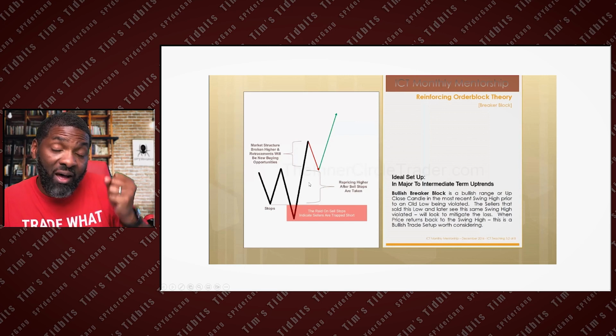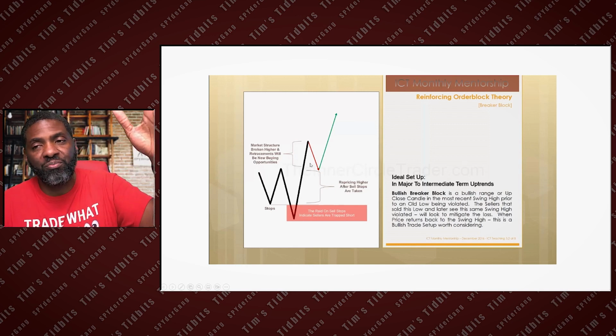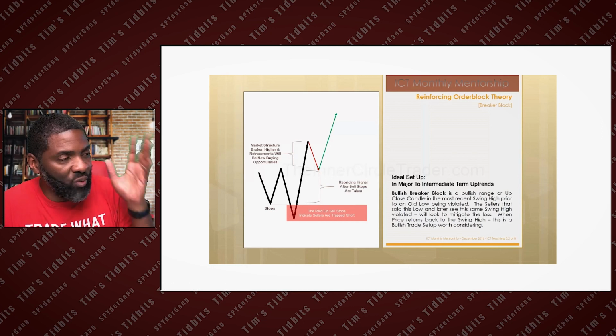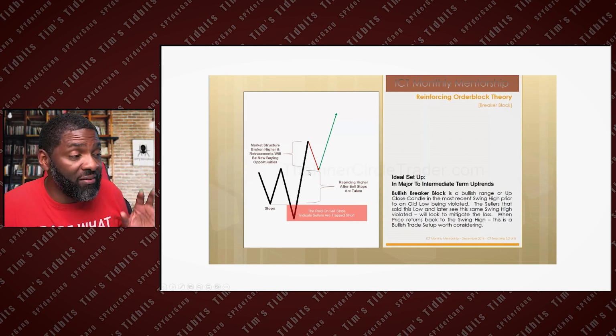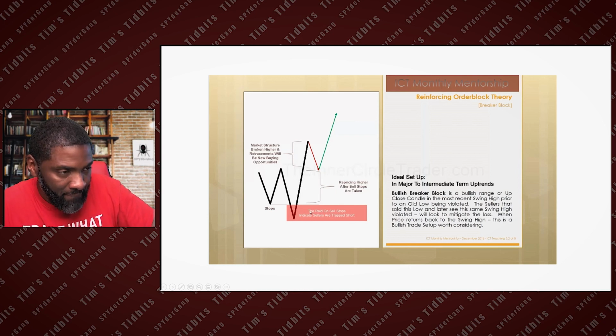That's when I say you see a violent move up, that's the repricing higher, or a distribution, whatever you want to call that move, those big institutional candles, if you will. But the breaker is you're coming back to this area right here to go long, because everybody who went short from this point down to this point, when it takes back off like this, it's going against them.